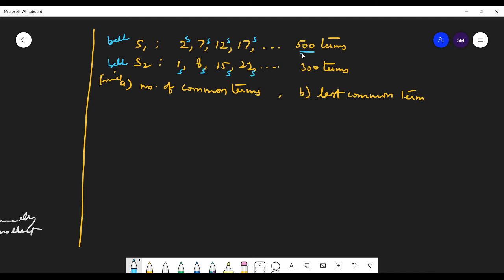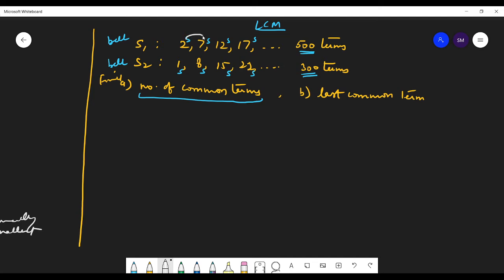This bell will ring 500 times, and this bell 300 times, so when will be the last time the bells ring together? So remember this is a question of LCM. But we have to find when the bells ring together for the first time. So when is the first time they are going to ring together?